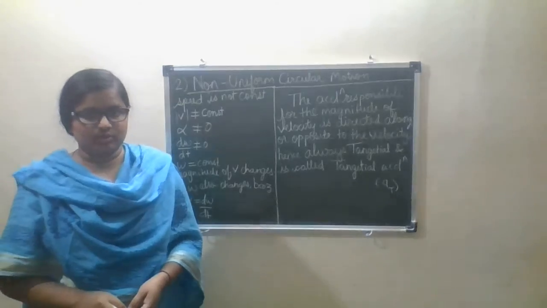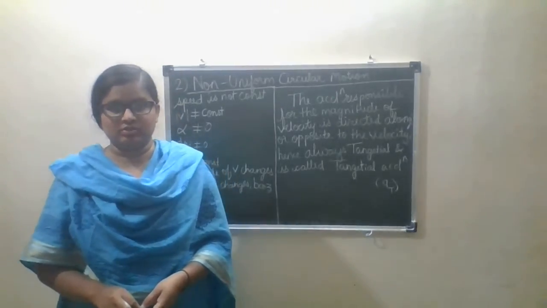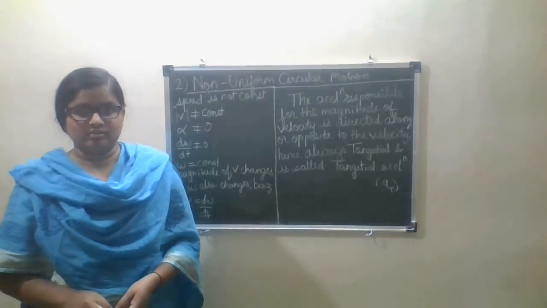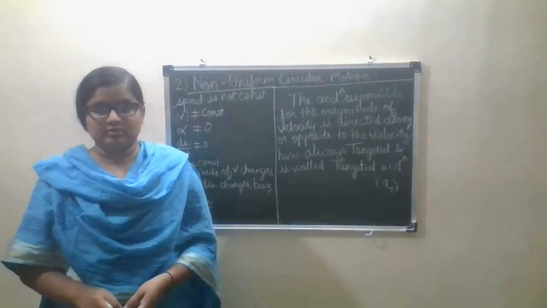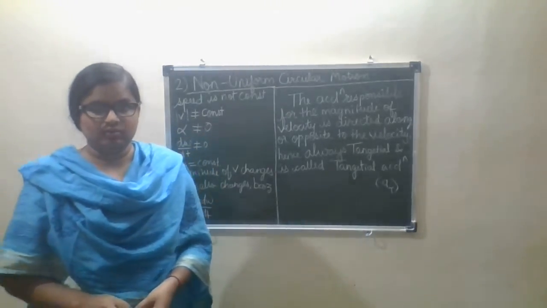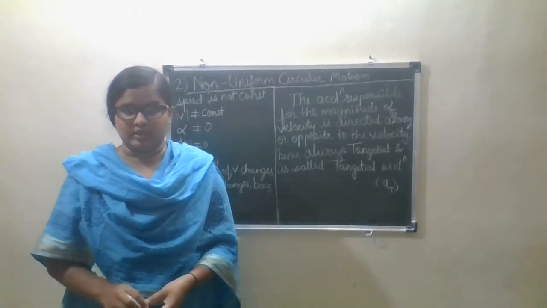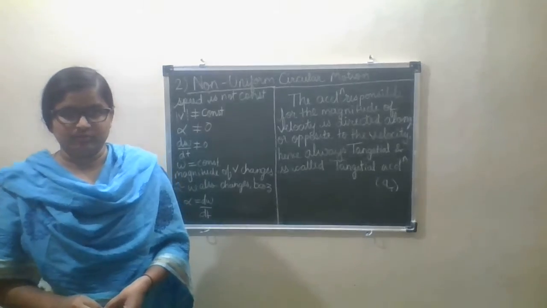In non-uniform circular motion, the speed is not constant, the velocity is also not constant, and angular acceleration is also not constant, and d omega by dt is not equal to 0.